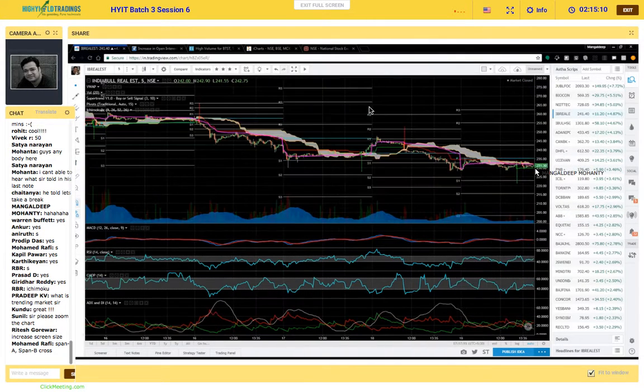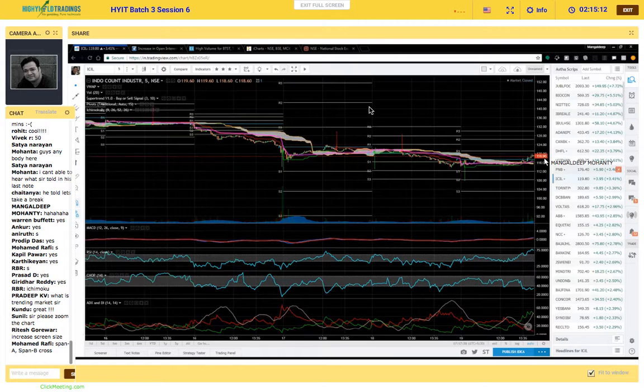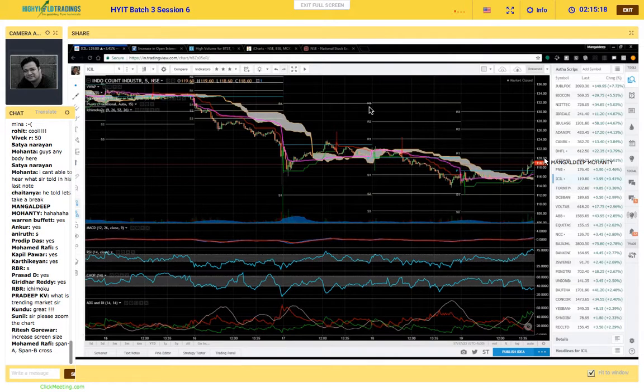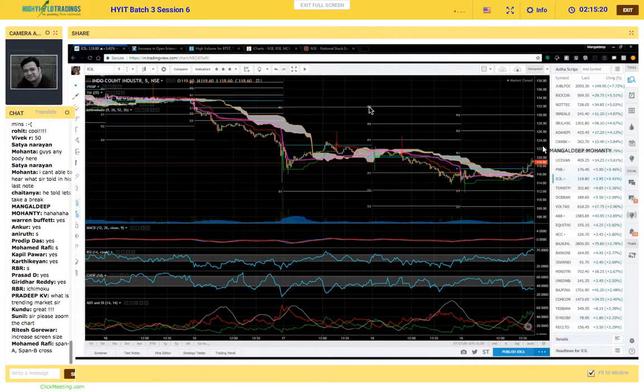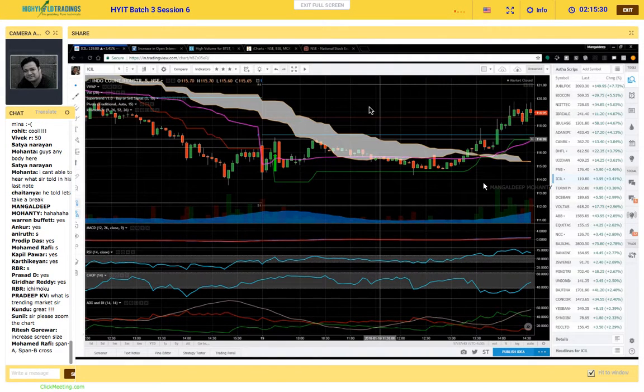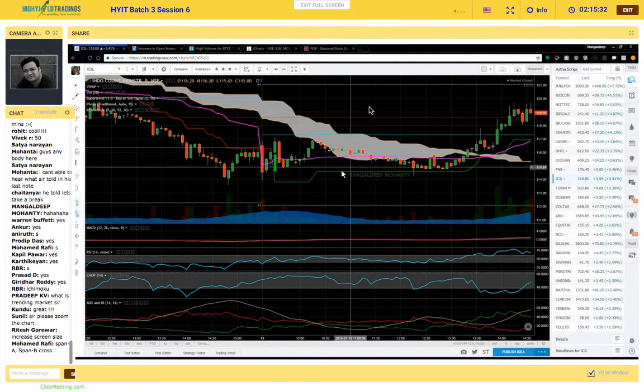Okay, not a perfect one, but still, let me show this to you guys. Let me make it a bit bigger. Okay, this is ICL, guys. So I normally don't trade on scripts wherein I see the candlesticks continuing within the Ichimoku cloud.